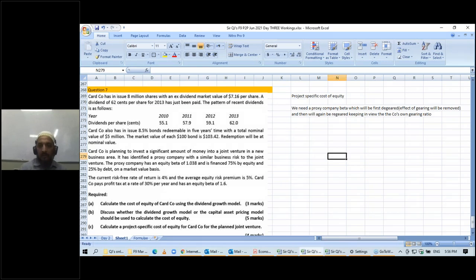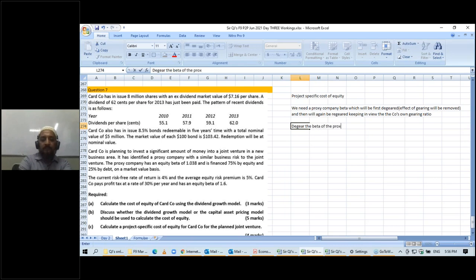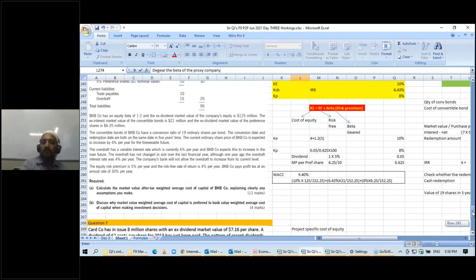Okay. First step will be to de-gear the financial risk, de-gear the beta of the proxy company. I gave you the formula for it. Let me pick it from above.